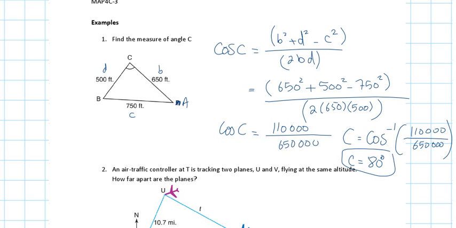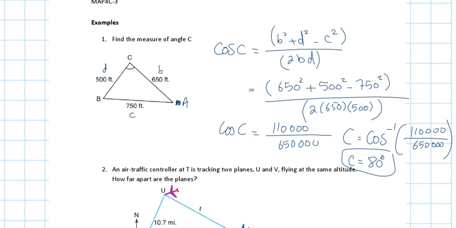Question: B squared plus D squared minus C squared, as in CB plus CA.